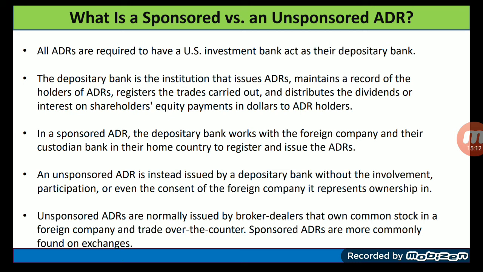In a sponsored ADR, the depositary bank works with the foreign company and their custodian bank in their home country to register and issue the ADRs. An unsponsored ADR is instead issued by a depositary bank without the involvement, participation, or even the consent of the foreign company it represents ownership in.